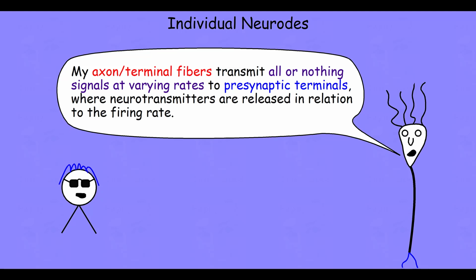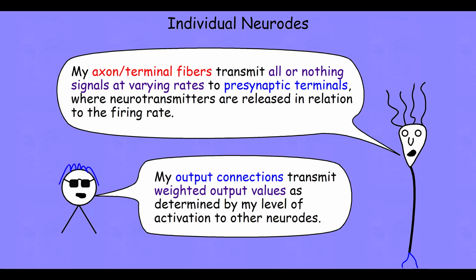Now, our neuron has axon terminal fibers that end in synaptic end bulbs and transmit these all or nothing signals traveling down the axon from its presynaptic terminals to the postsynaptic terminals of the next neuron. It does so by releasing neurotransmitters in proportion to the firing rate, that is, the number of action potentials traveling down that axon.